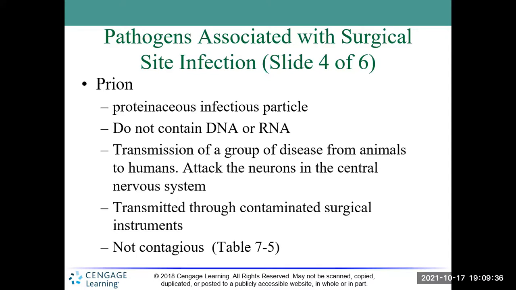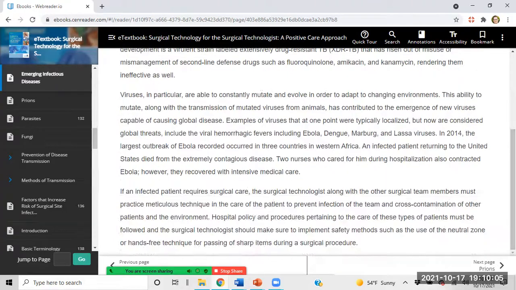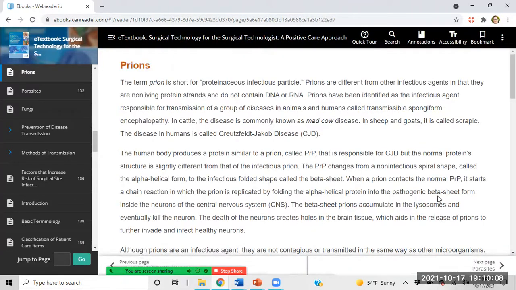The thing you need to be aware of is that prions are transmitted through contaminated surgical instruments, and these are handled very specifically in the OR. It is not contagious, meaning if you're not in one of these cases where you are taking the prion in directly, there's not really a big chance of you contracting it.